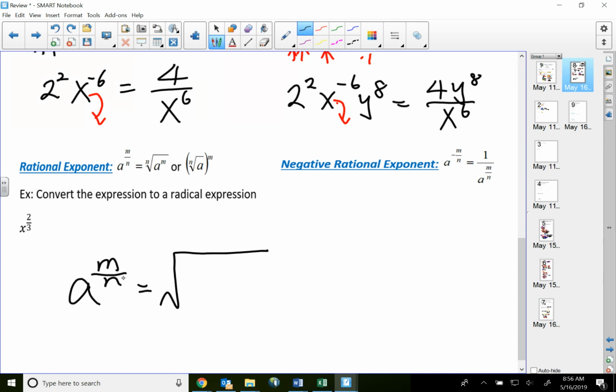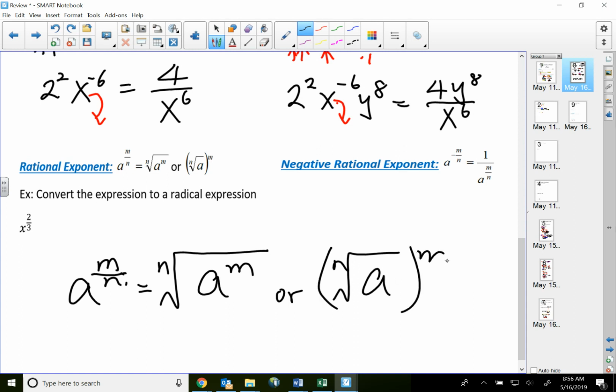The denominator of the fraction exponent determines the root. The numerator tells you that the base is raised to that power inside the radical, or that m can be on the outside of the entire radical, to the m power. You can write it either way, depending on what the problem is asking.